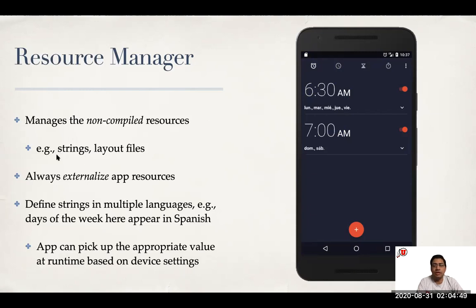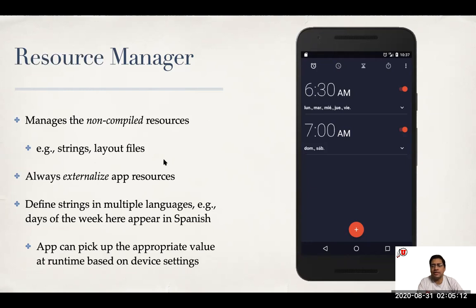And that string, the string hello world is written in an XML file. You have to change it to hello, comma, your name. And that is a non-compiled resource. No? It is not part of your Java code. It is not compiled by Javac directly, but it's made available through the resources.